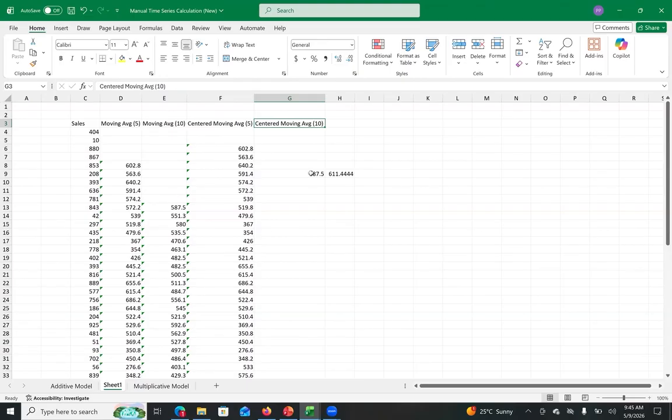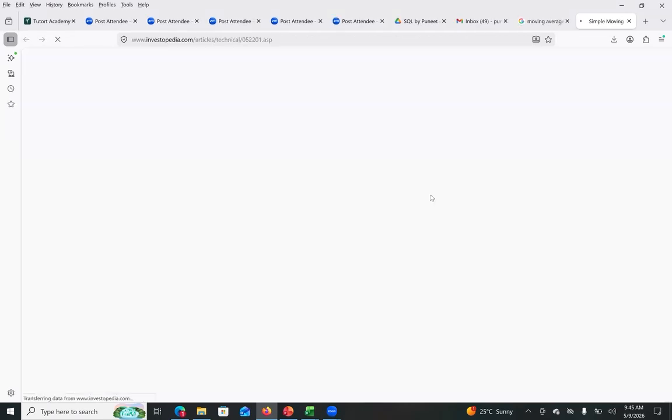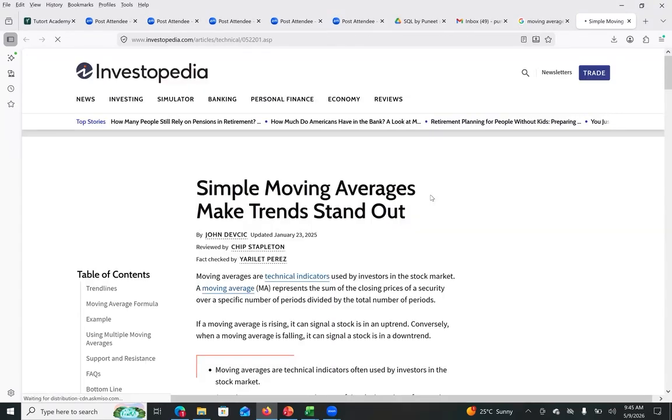Okay, so we saw in this stock market stock price chart that the moving average can actually give you the trend component. And the best way to get the trend component is using a centered moving average.